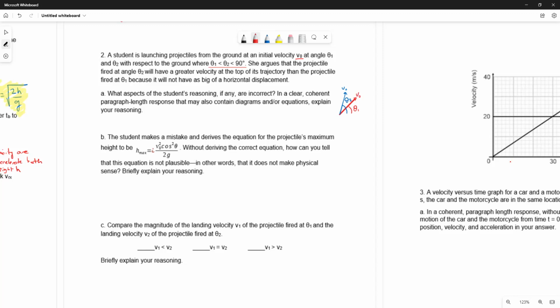One's steeper than the other. If we follow the path of the trajectory, this one will probably make that curve like this and come back down. And then the blue one will curve higher and come back down, and then maybe come down like this. This possibility might go further, might not go further, really depends on the situation.